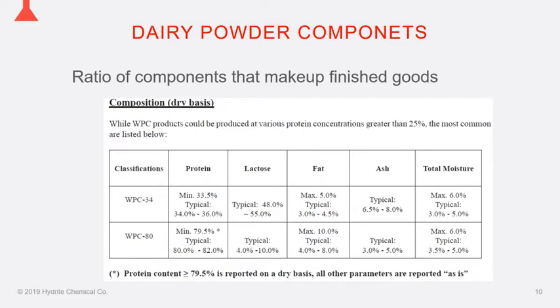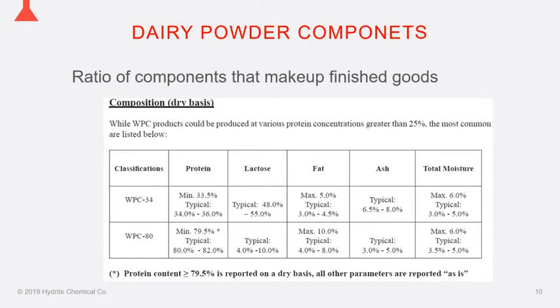So you can see here for WPC 34, minimum requirement is 33.5% protein. So if it's got 33.5% protein, that means the rest of it is being made up with other constituents. You see about 48 to 55% lactose, and we have a little bit of fat, some ash and mineral in there.